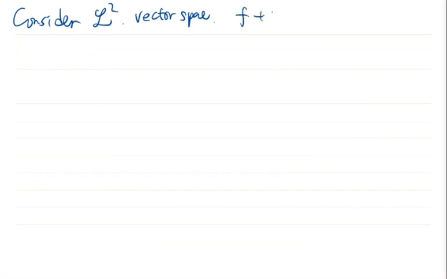Now we consider L2 first. Under the usual addition and scalar multiplication, this is a vector space. That is, f plus g is a new function whose value at x is f(x) plus g(x).